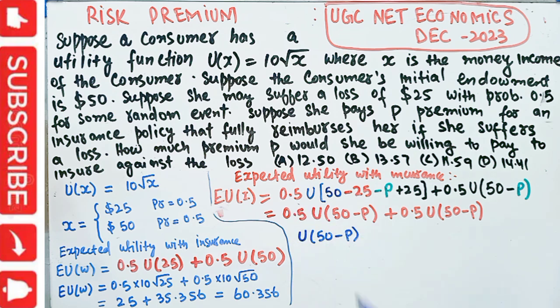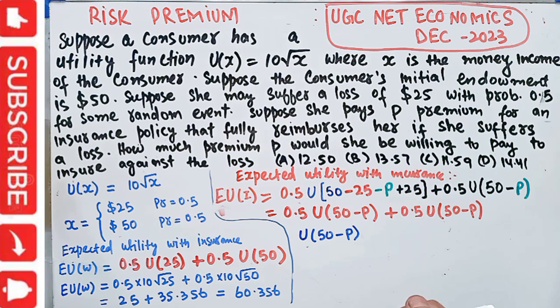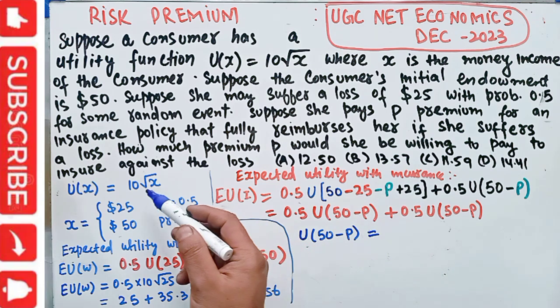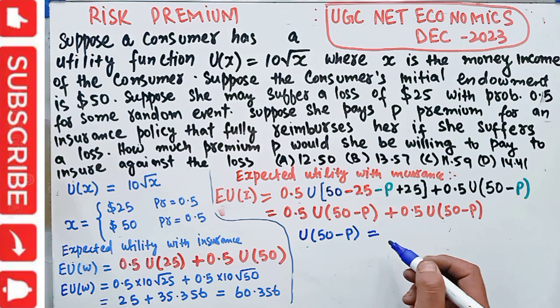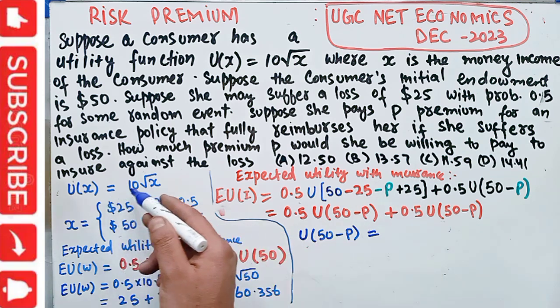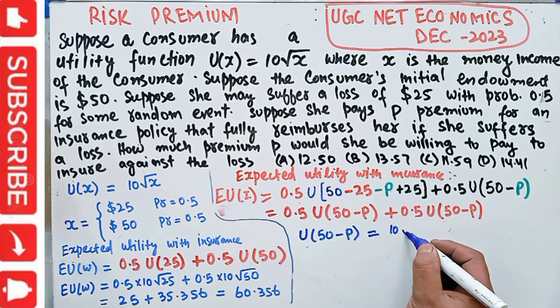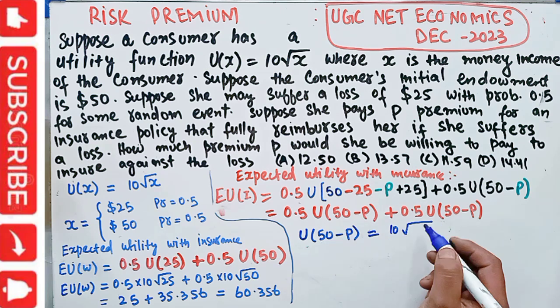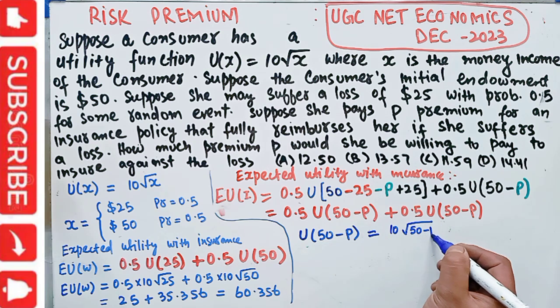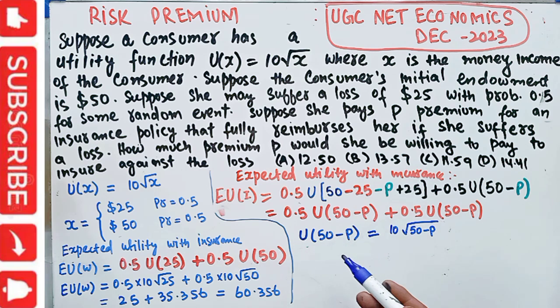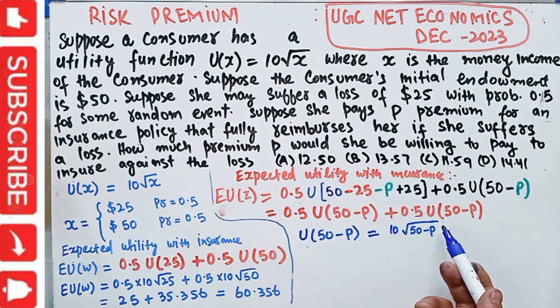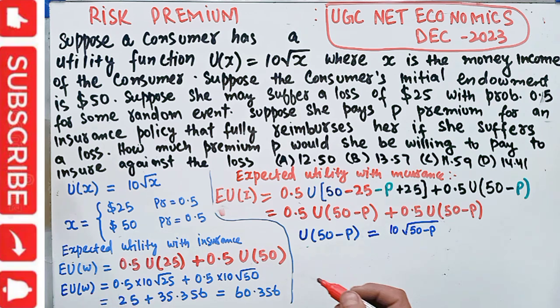So this is the expected utility with insurance. Now the utility of 50 minus P, we plug in place of X, so we have 10 under root, in place of X we have 50 minus P. Now we need to compare the utility with insurance with the utility without insurance.